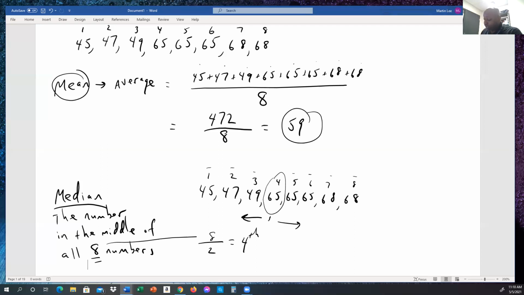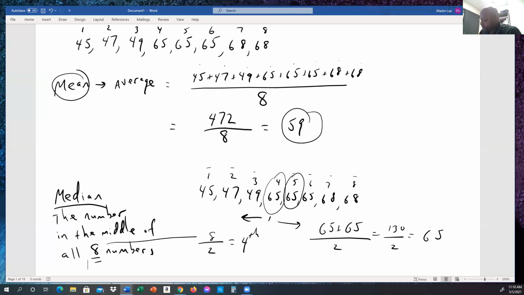So what I have to do in this case is I'm going to have to add the fourth and the fifth number and get their average. And that's going to be the median. So let's just calculate that first. Okay, so I'm adding the fourth number, which is 65, plus the fifth number, which is 65, and then divide by 2. When I do this, I get 130 over 2, and that equals 65.